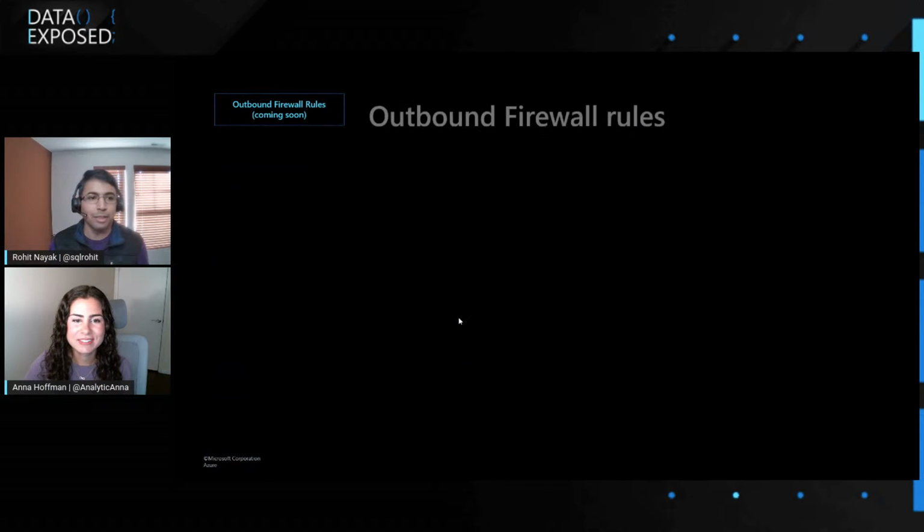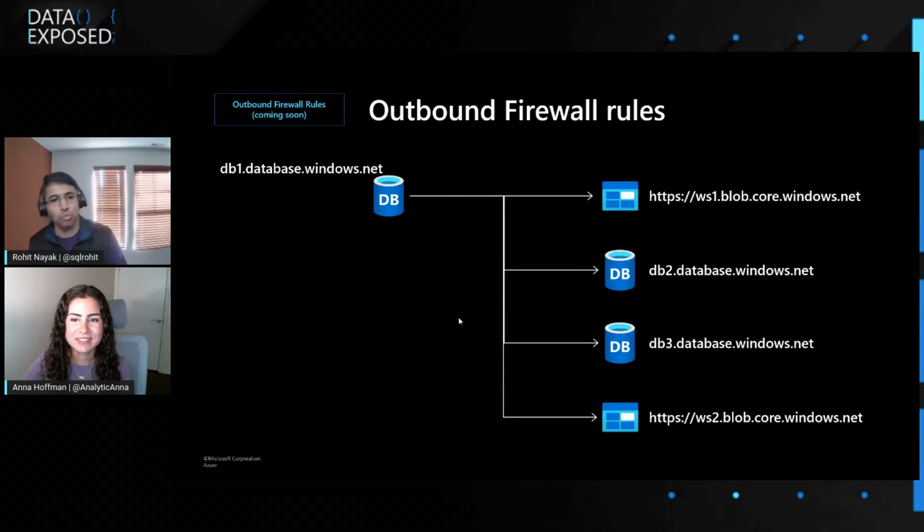So this is the point of the show where we talk about future looking stuff. The first thing we have here, we have named this feature Outbound Firewall Rules because we love firewall rules for some reason. But the basic way I would pitch this feature to customers is, let's say you have a SQL database like this today, DB1 on the left, and it has network flows to these different storage accounts.